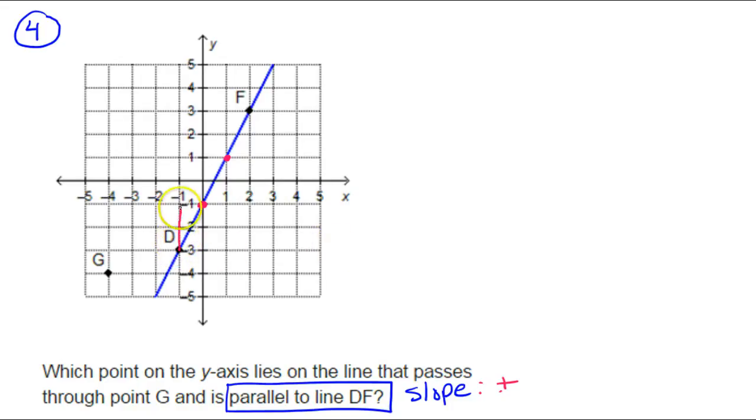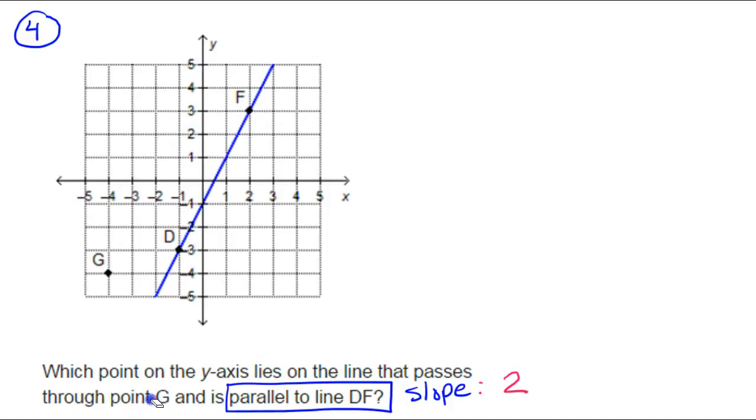I'm going up 2 over 1, up 2 over 1, up 2 over 1. So that means my slope is positive 2 over 1, and 2 over 1 is just 2. So I know I'm dealing with a slope of 2. Keep that in mind, up 2 over 1.